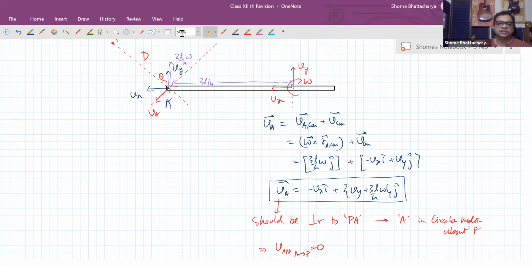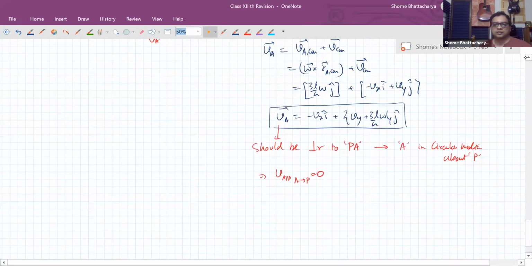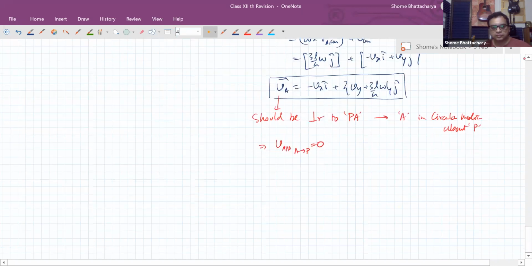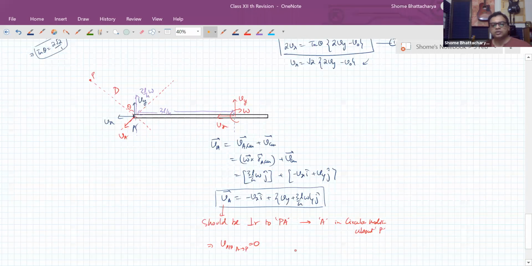So that will give me another constraint relation. Okay, so let's apply this now. If the approach velocity towards the point P should be 0, that's how you'll see that you have to make omega opposite. Omega will have to be a negative quantity compared to what we have seen.